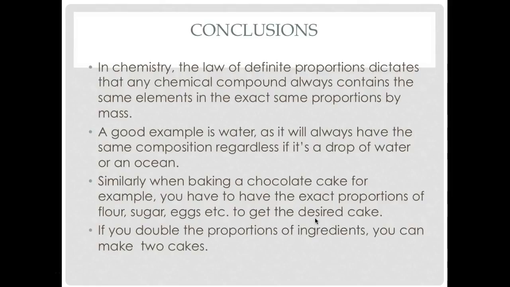Suppose you want to make two cakes, then whatever the amounts that the recipe lists, you'll take double the proportions of all the ingredients and you can make two cakes. So in a way, what you're doing is following the law of definite proportions.